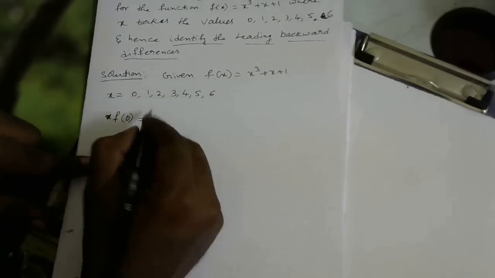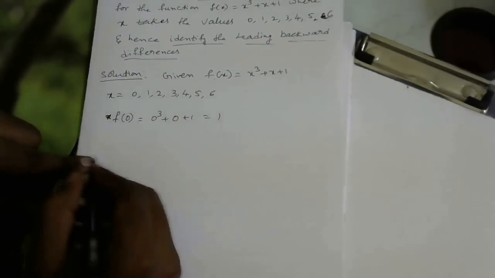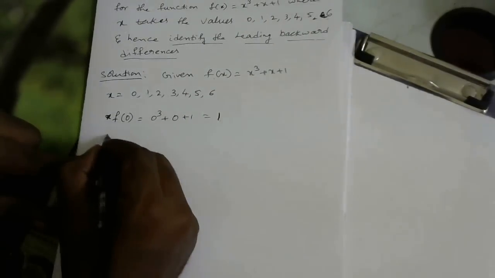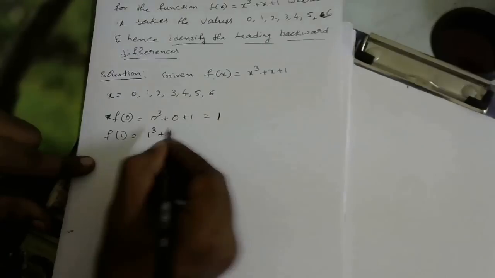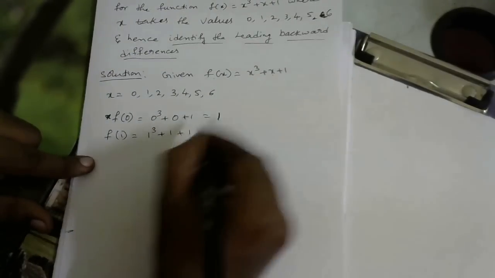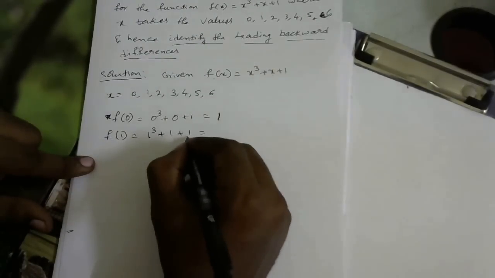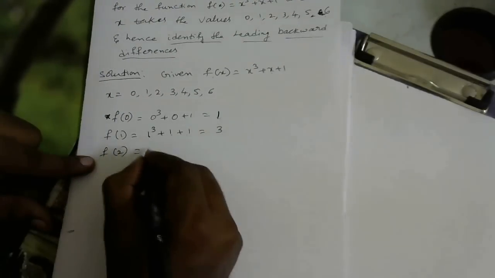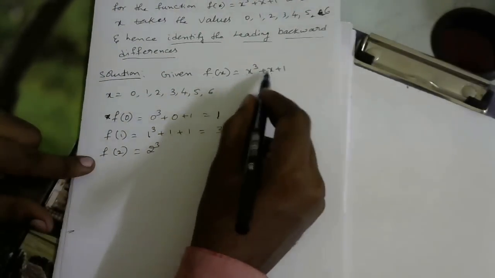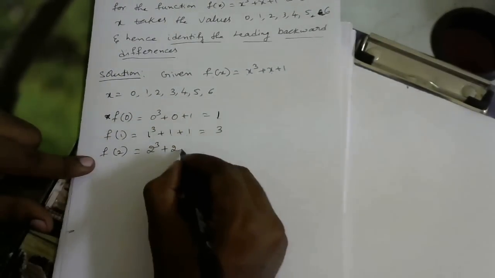Put x equal to 0. F of 0, what happens? 0 cube plus 0 plus 1. So we get 1. And f of 1 equals 1 cube plus 1 plus 1, so 1 cube is 1, 2 and 3, you will get 3. Put x equal to 2, you get 2 cube plus 2 plus 1.